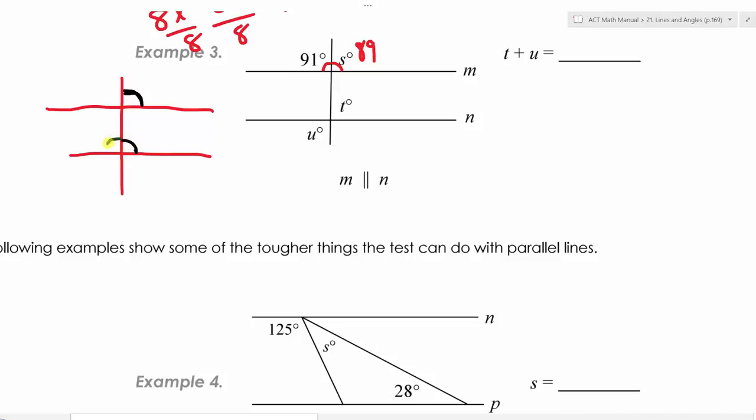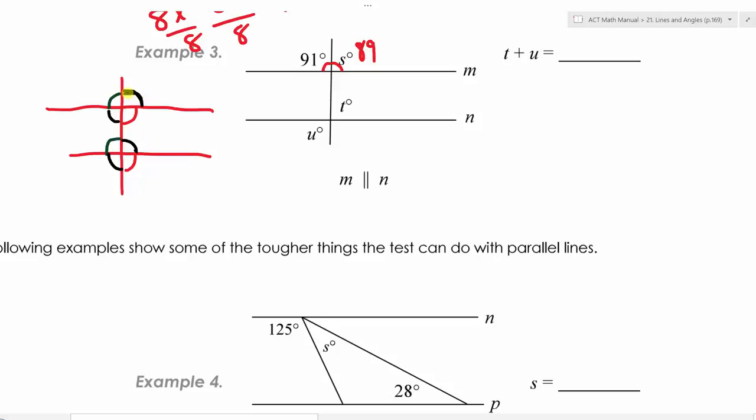The upper left angle here corresponds to the upper left angle here, they are equal. The lower left here corresponds to the lower left here, they are equal. And the lower right here corresponds to the lower right here, they are equal.